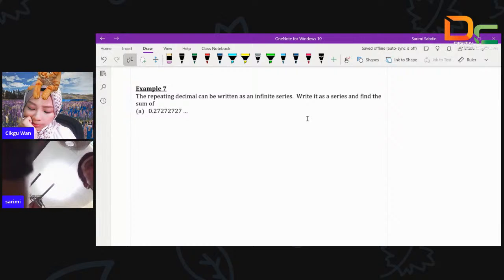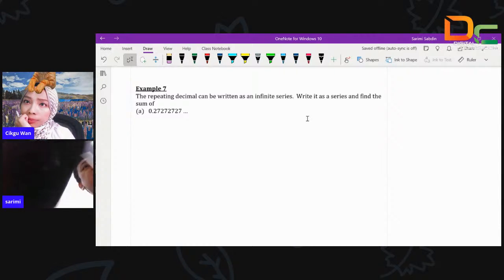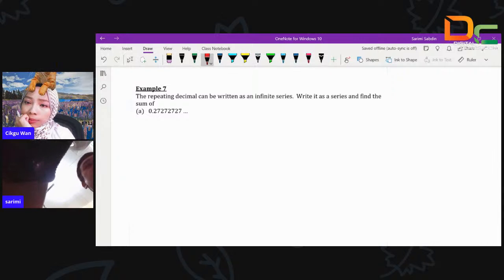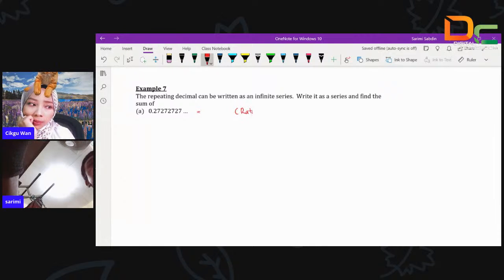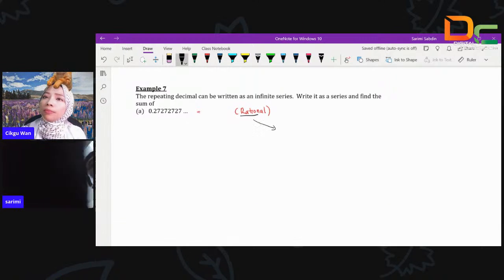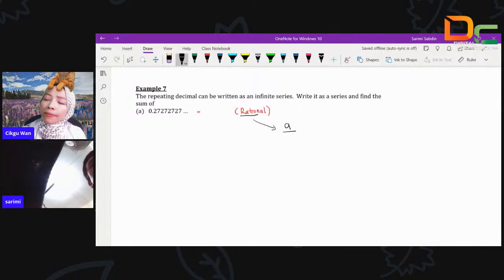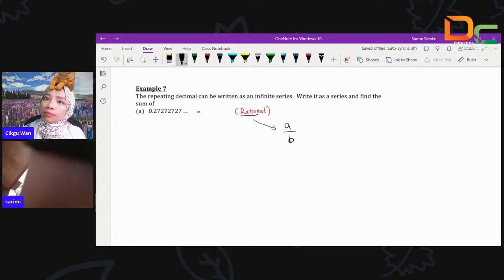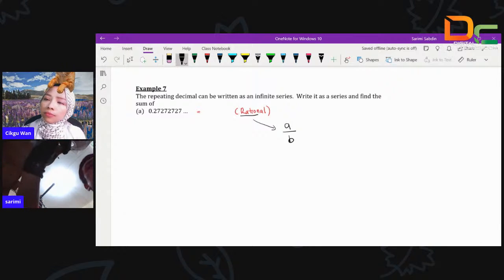Alright, because we know when the decimal is repeating, this is a rational number. Rational came from the word ratio. That means we can form it into the form of fraction A over B. So we can change back this decimal into a fraction form.